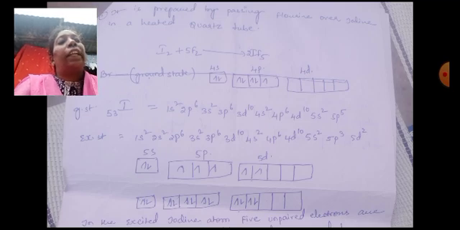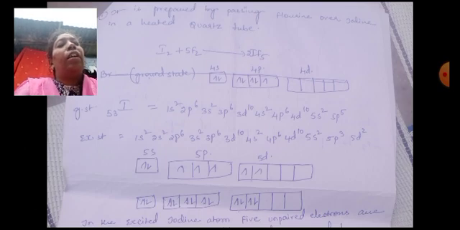In the second excited state, 2 electrons will jump into the d orbital. As a result, the p orbital has 3 unpaired electrons and the d orbital has 2 unpaired electrons. So totally 5 unpaired electrons are there.